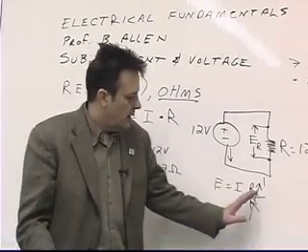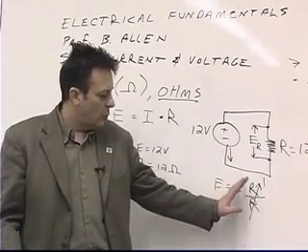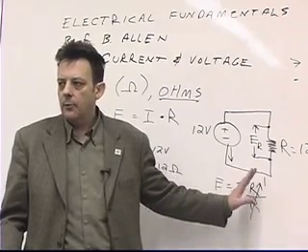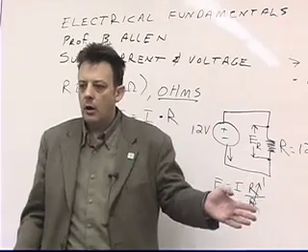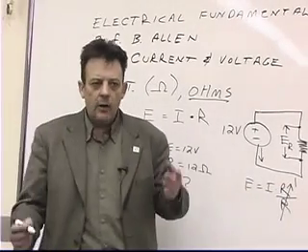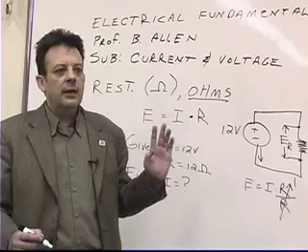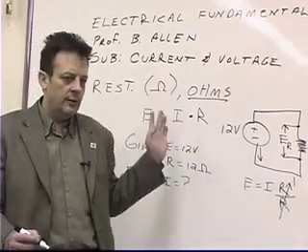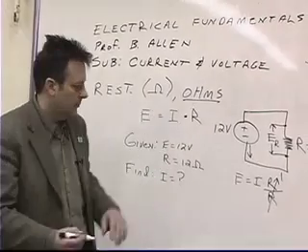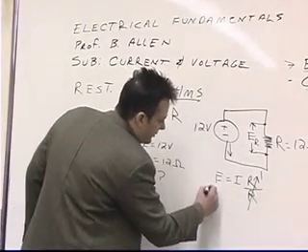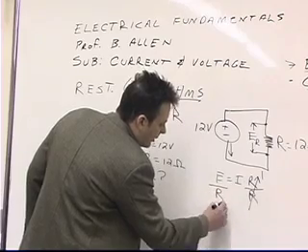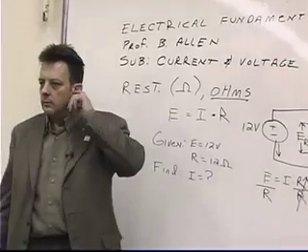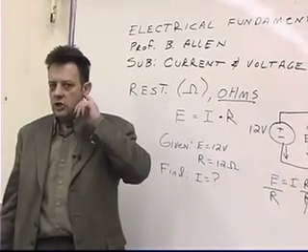Now, we have performed an operation to the right-hand side of the equal sign, and the operation was to divide by R. In algebra, if we do anything to one side of the equation, what do we have to do to the other side? Same thing. So we have to divide this side of the equation by R. That way, our formula has not changed.